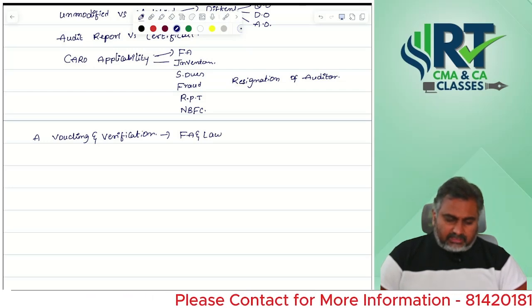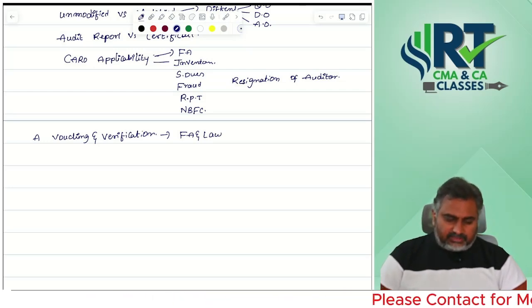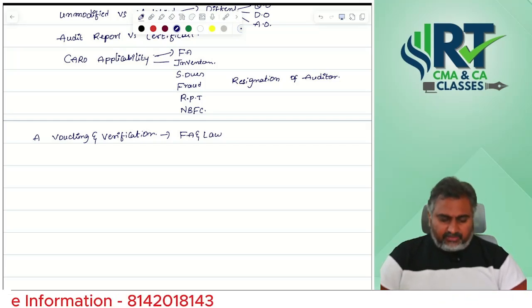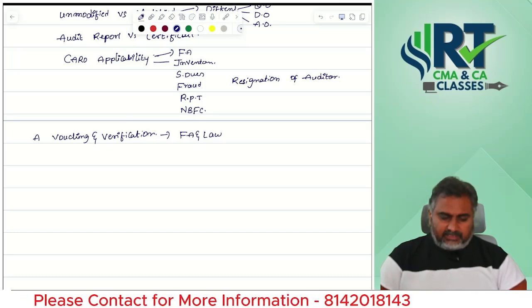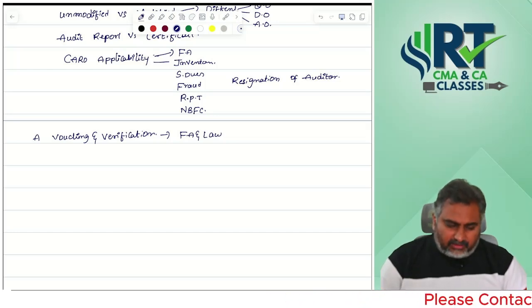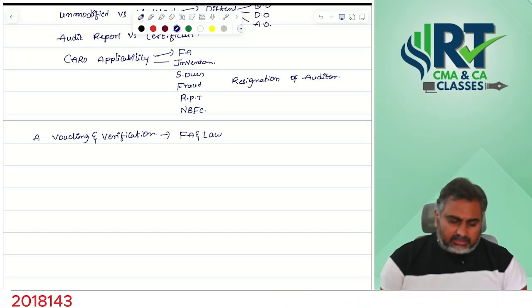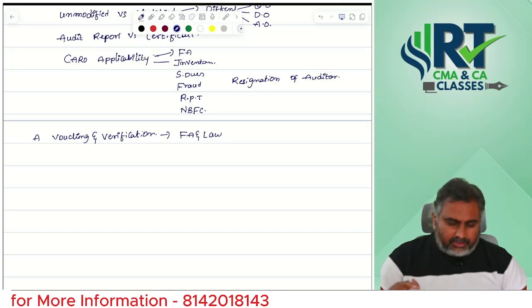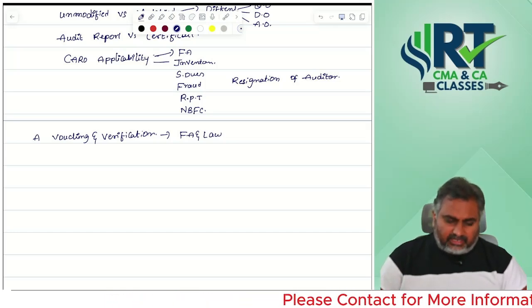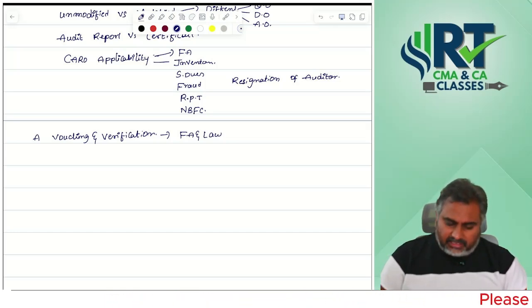Among that they can go with any question. We can't say exactly which area they will focus on. They may go with advertisement expenses. They may ask how you will do examination of depreciation and amortization, finance cost, how you will do examination of balance sheet items and profit and loss account items. Like that they may concentrate on anything.